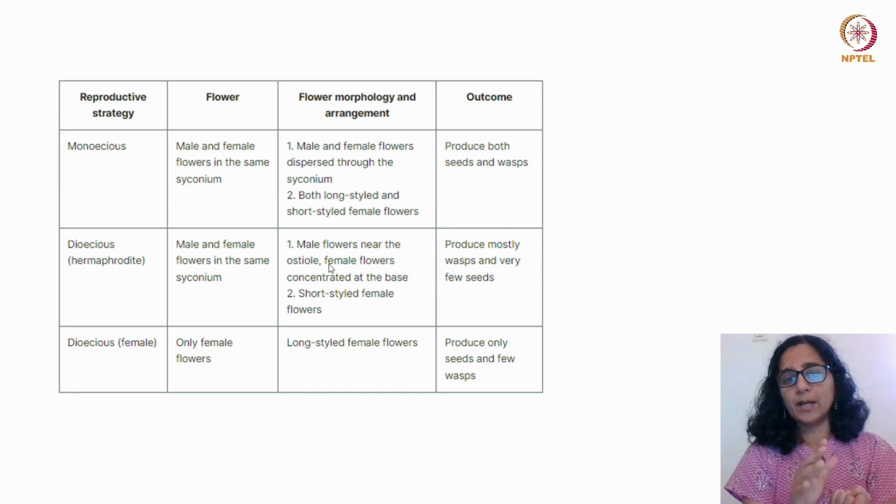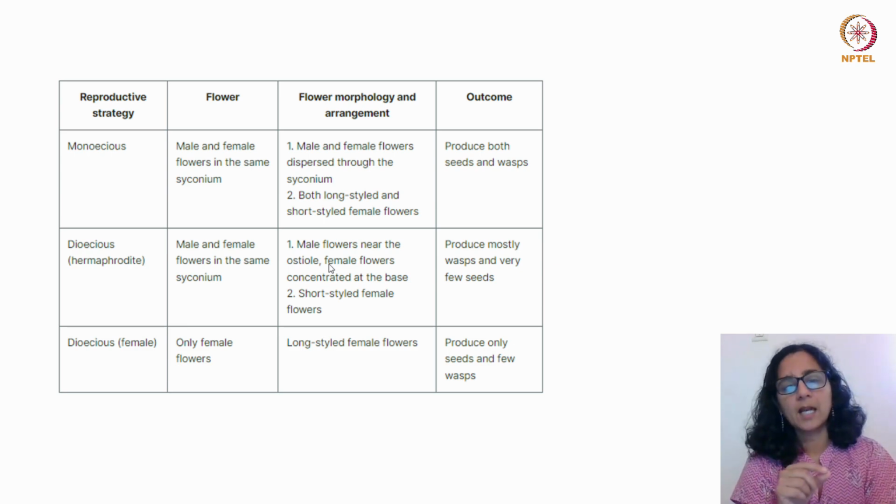So most of them get turned into wasps, and very few are produced as seeds. And in the dioecious female plants or reproductive strategies, only female flowers are present, and basically they have long-styled female flowers, and all of them will become seeds, and very, very few wasps are present.